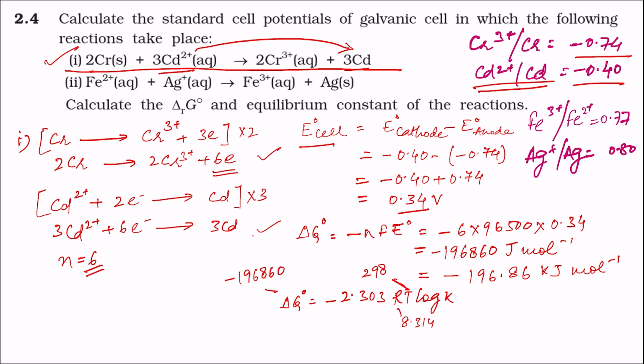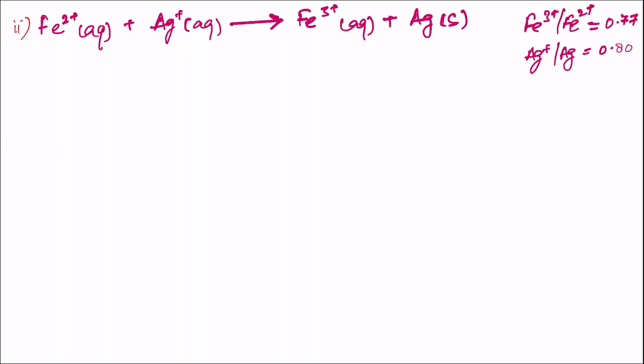Putting the values and solving, log K is equal to 34.50. So K will be equal to antilog 34.50, which is equal to 3.16 into 10 to the power 34. Now this is the second part.